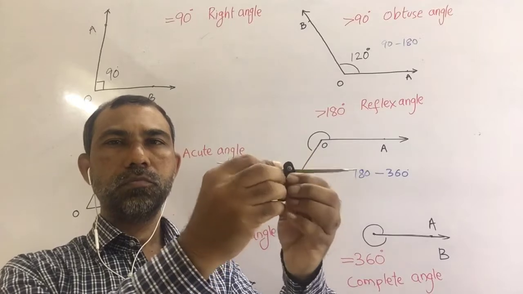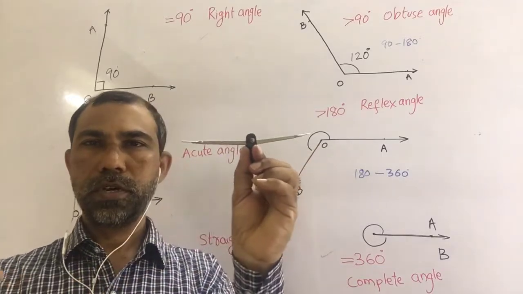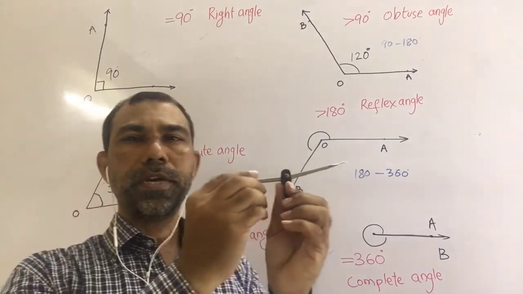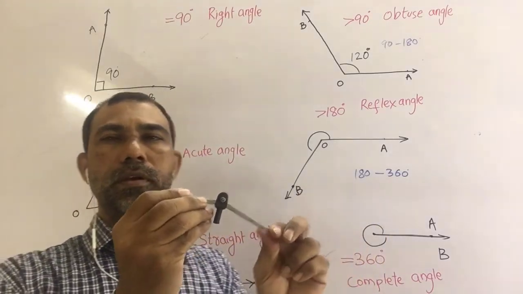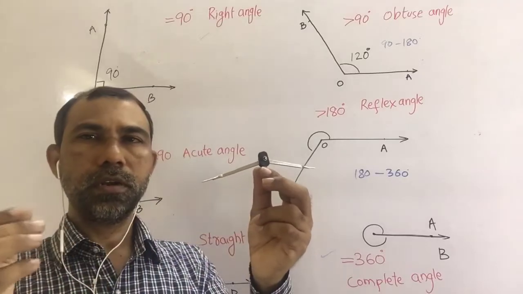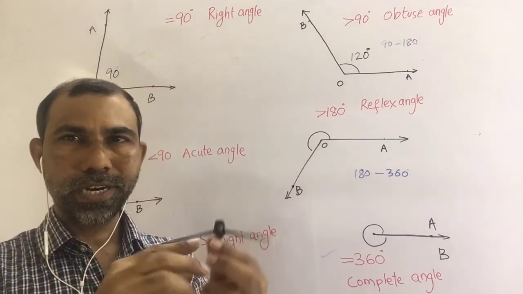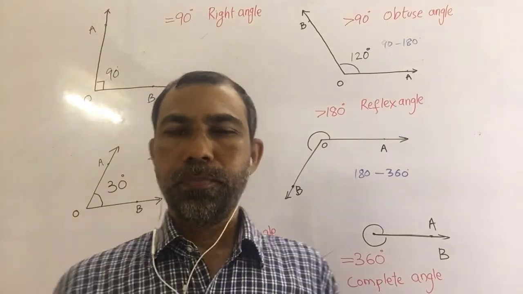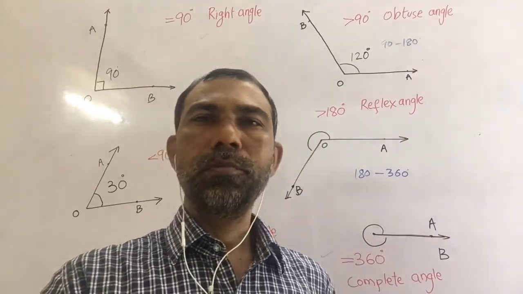And if you move it completely straight, then it is a straight angle. And if it is more than that, it will be a reflex angle. And of course, if you rotate it completely, it will be a complete angle. Okay, hope you understood.